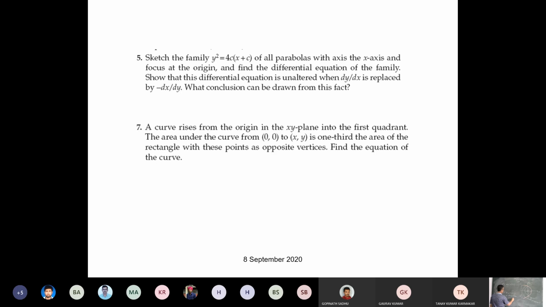C1 x plus C1 equal to C2 x plus C2. So this is going to give me x times (C1 minus C2) equal to minus (C1 squared minus C2 squared). So this is going to give you your x equal to minus (C1 plus C2), right? Is it okay with everybody?